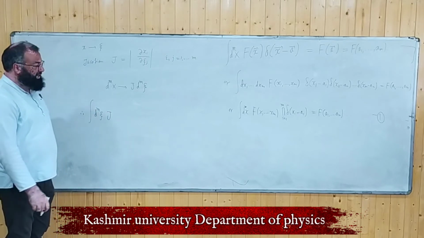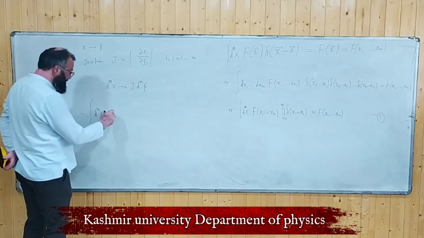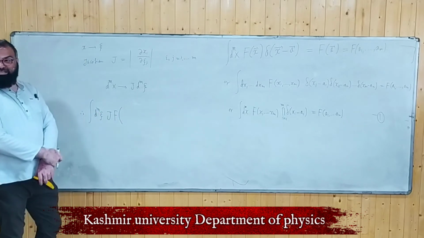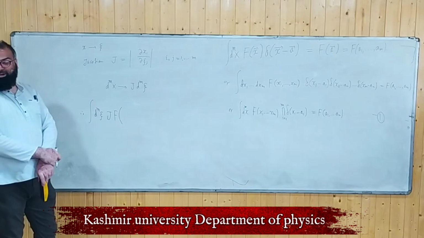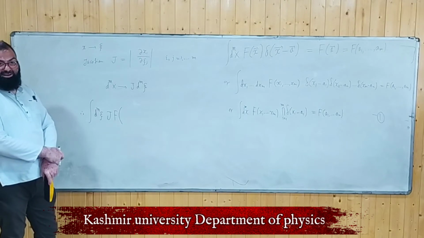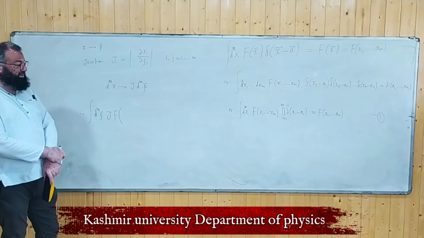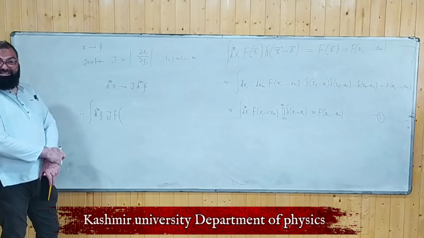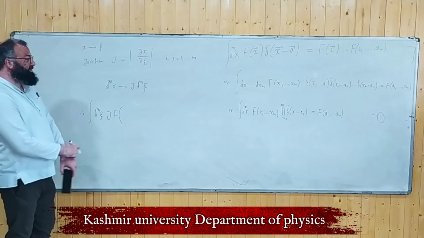Clear? Now tell me, what about f? What will happen to f? x1 will change, is it? Because when we are moving from one coordinate system to another coordinate system, coordinates will get changed. How will I write x1? There is a relation between x and zeta, is it? x1 is defined as f1 of zeta.